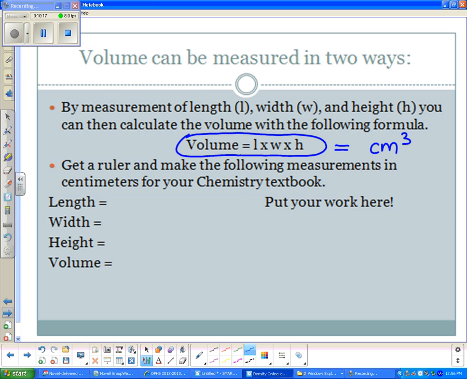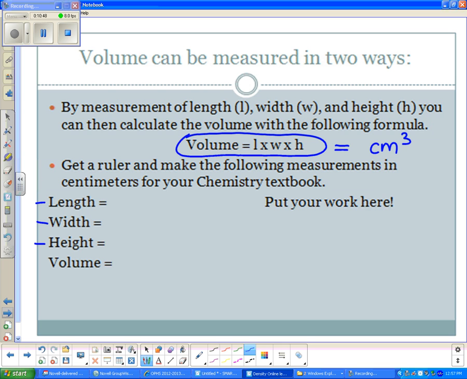So why don't you take a second or two, pause the program, get a ruler, and make the following measurements in centimeters for your chemistry textbook. You want to measure the length, the width, and the height, and then using volume equals length times width times height, solve for the volume. Write it down here on this slide, bring it to class tomorrow so that I can see.